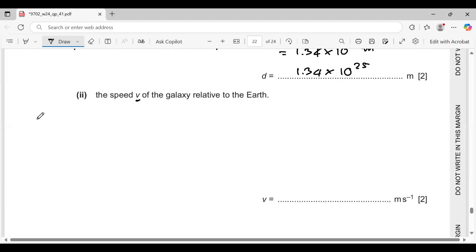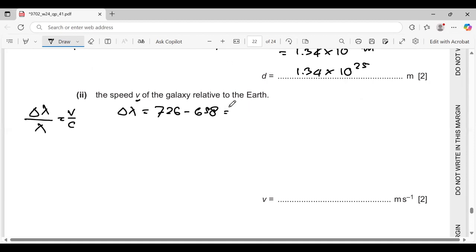I'm going to use the redshift formula for non-relativistic speed: delta lambda over lambda equals phi over c, where delta lambda is lambda observed minus lambda emitted, 726 minus 658.